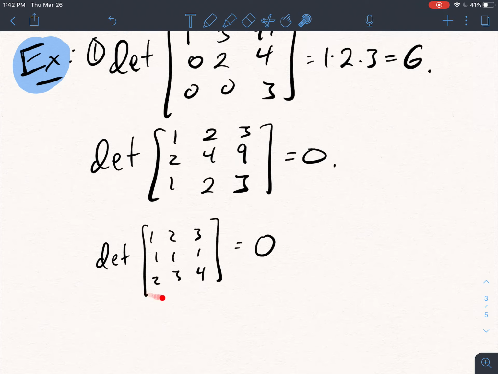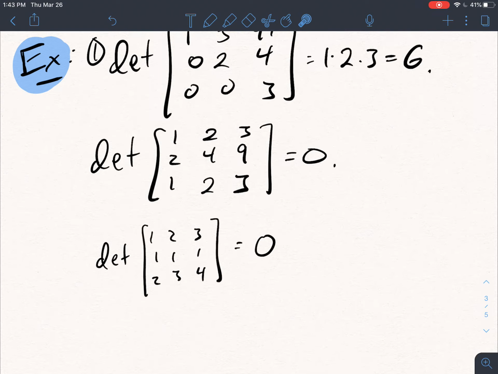There are a lot of ways you could explain why this must be 0. One thing you could say is that the rank of this matrix has to be less than 3 because this row is a linear combination of the other rows.